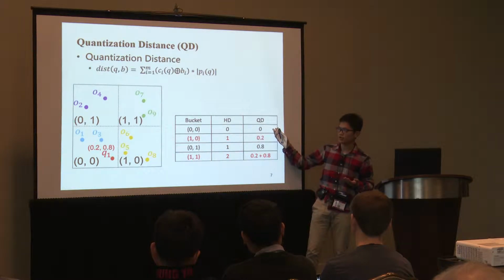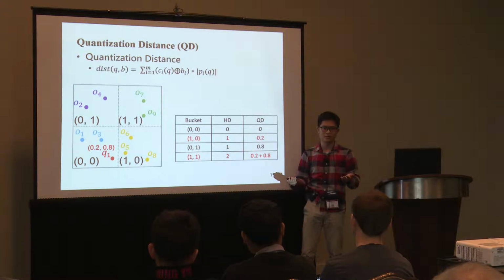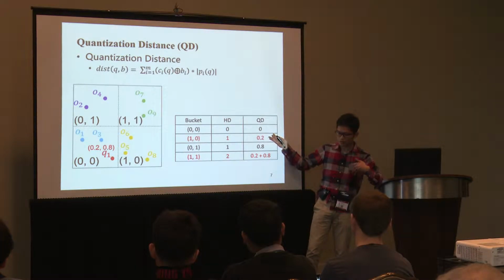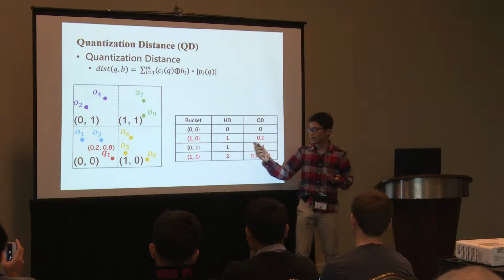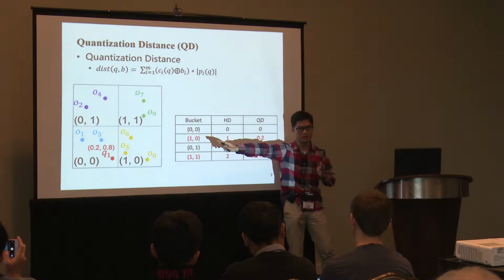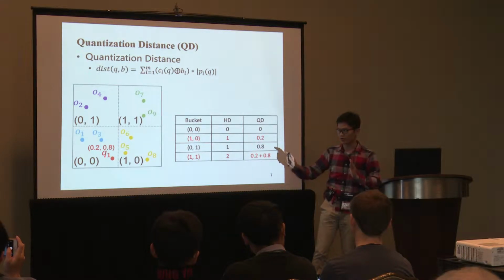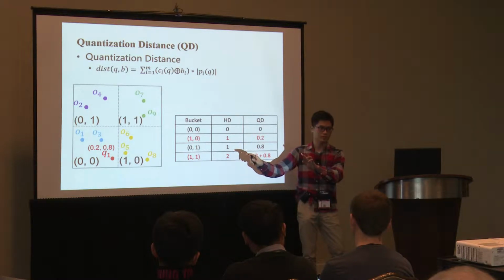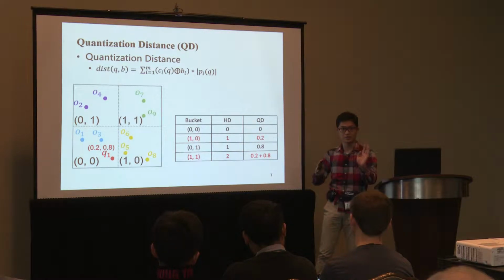The QD is 0 because both bits are the same. We won't consider the absolute projected value. And the next bucket we are going to probe is 1, 0. The QD is 0.2 because the left bit is different. We sum the absolute projected value of the left bit. And the last bucket is 1, 1, for which we need to sum both absolute projected values because both bits are different.